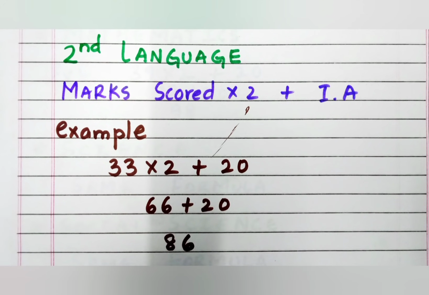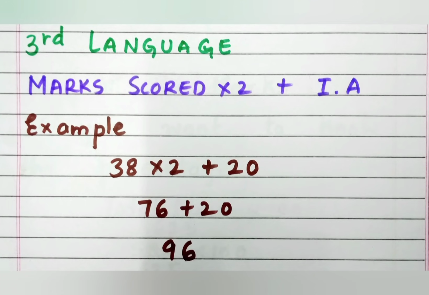I have taken example 20. It can be 18, 19 or 17 or 20 also. So 66 plus 20, you get 86. The grade will be A. The grade list I have given at the end of this video.